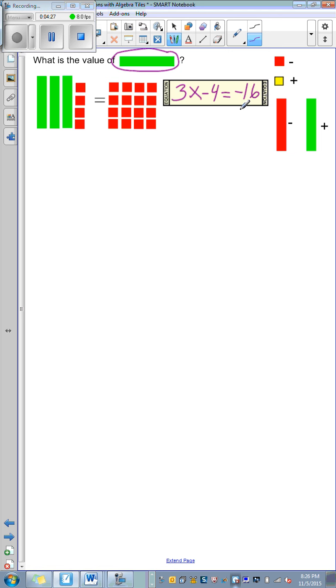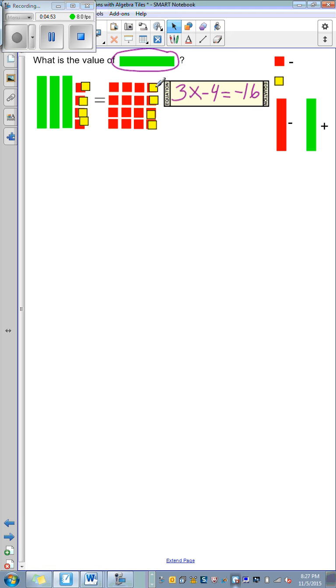So again, we want to figure out how to get rid of first those -4. Well, we know if we add in our zero pairs, those will cancel out. So if we add in 4 over here, we'll have to also add in 4 zero pairs on the other side.